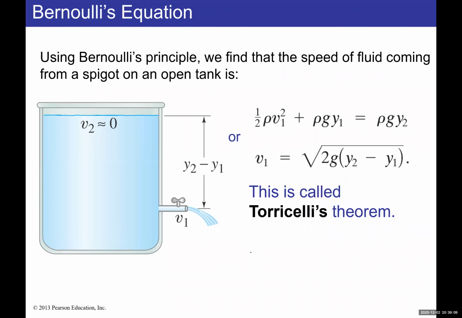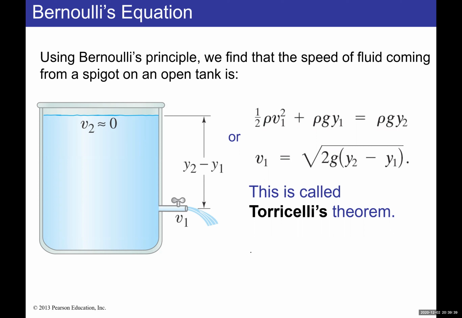All right, so there's a special case for a problem where, let's say, you are talking about some kind of container that has areas that are really large. So let's say, for example, here we have a container that is open to the atmosphere, and this is basically fluid coming from a spigot on an open tank.